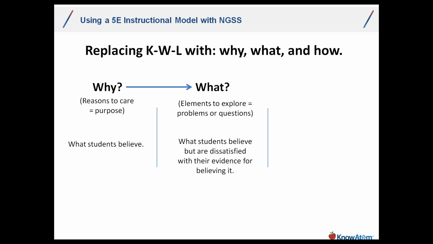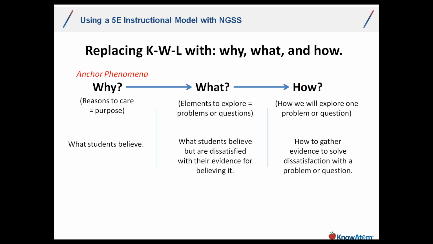We're going to take what we believe and really wonder what's behind that, and what evidence do we have for believing it? So if we say it's because the street is concrete, how do we know that it's because the street is concrete? Is that something we could take a deep dive into, have an investigation about? Okay, so what we're doing is moving from that anchor phenomena towards investigative phenomena.